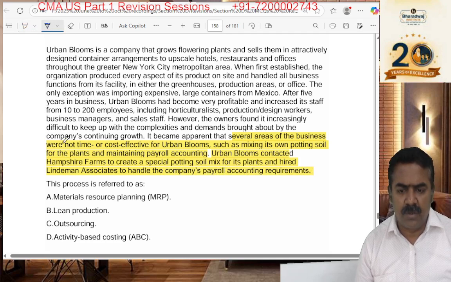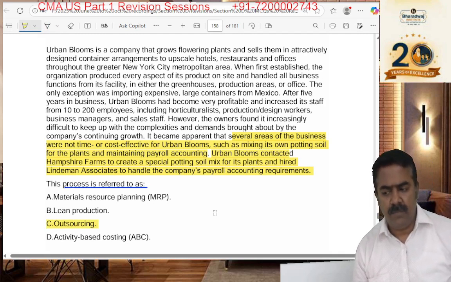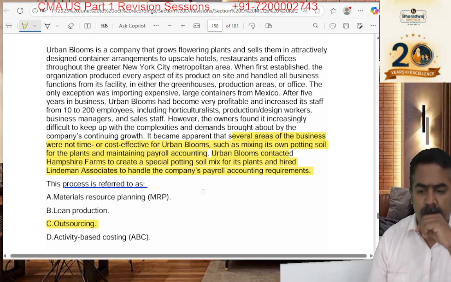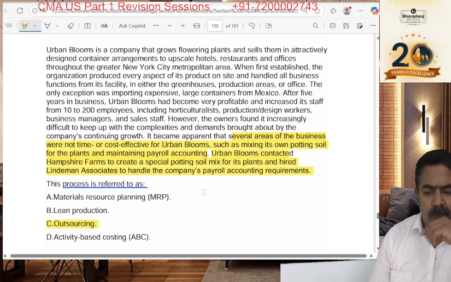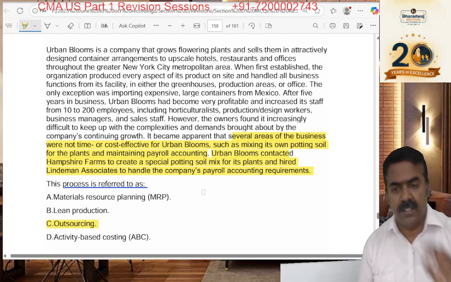So giving your routine work to outsiders, we call it as which one? Outsourcing. We outsource the activity. It is not MRP, it has nothing to do with lean production or activity based costing, it is outsourcing.